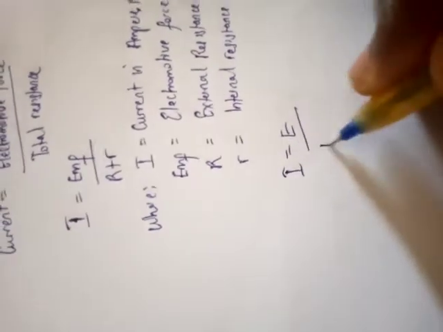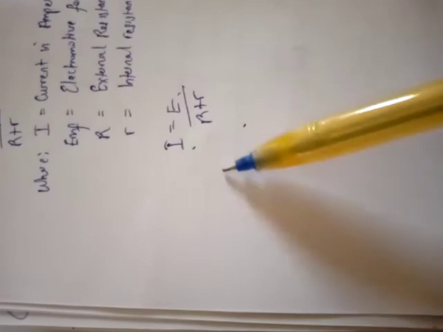That is I is equal to E over R plus r. That is the current is equal to the electromotive force over the external resistance plus the internal resistance.